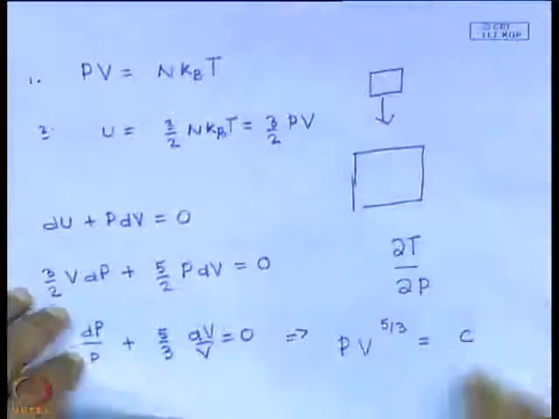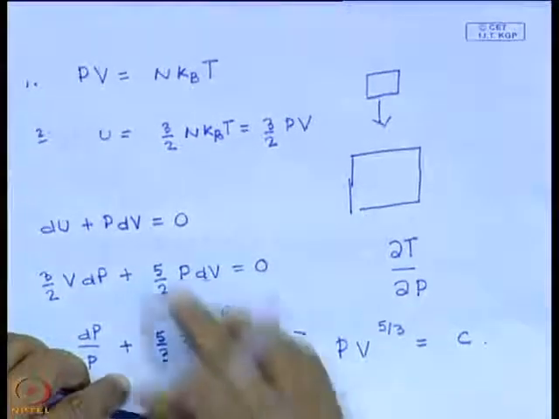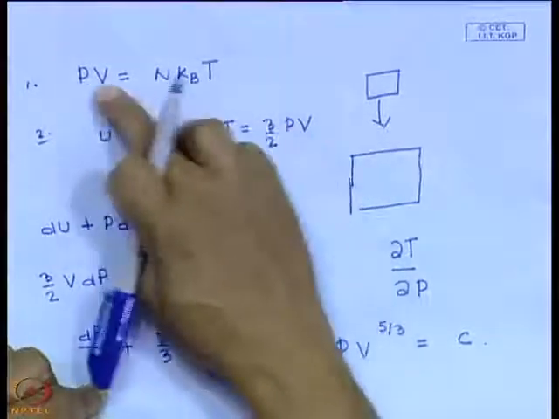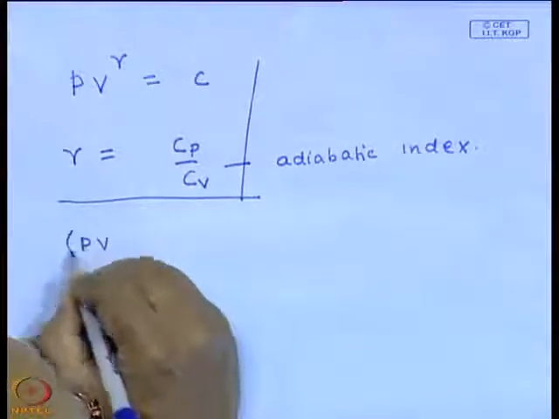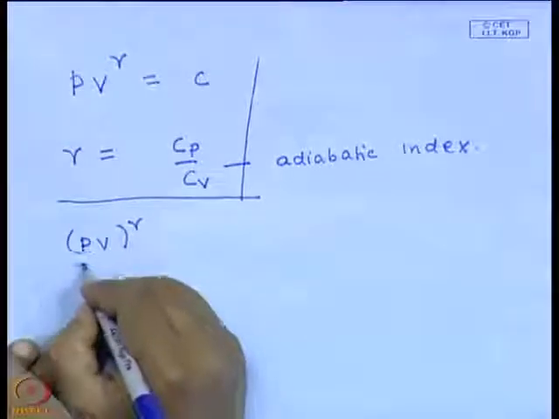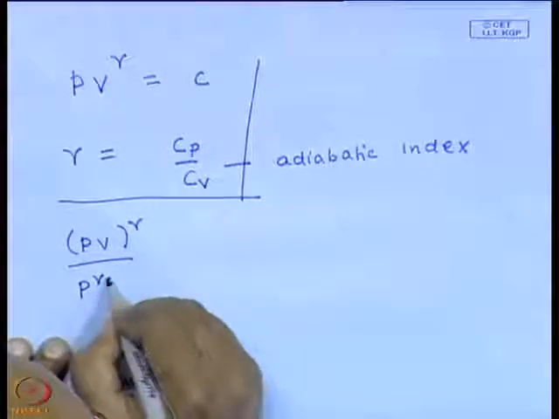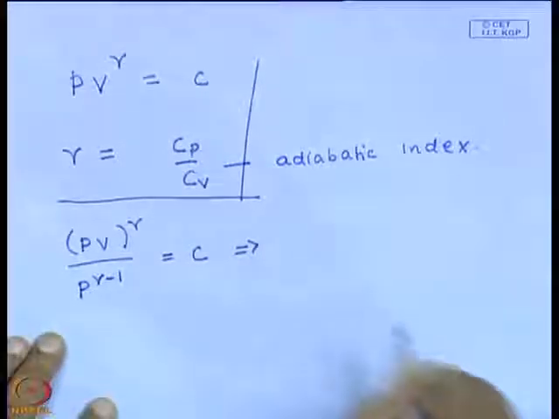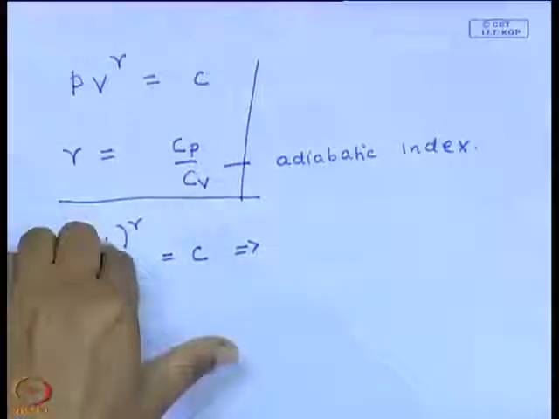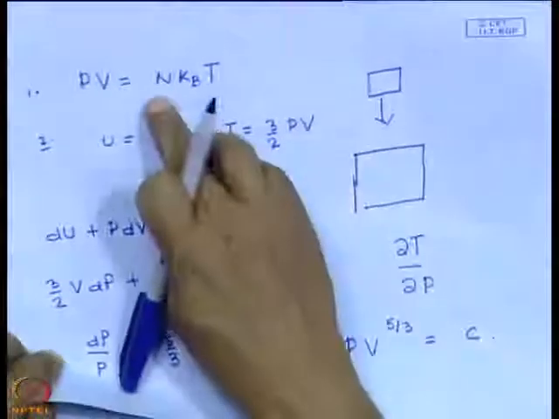Now, we would like to evaluate del T del P, and we have to use this. So, we know that PV is equal to N k_B T. So, I can write this as PV to the power gamma divided by P to the power gamma minus 1 is equal to C, which essentially tells us I can replace this by N k T, and these factors of N and k are constant.